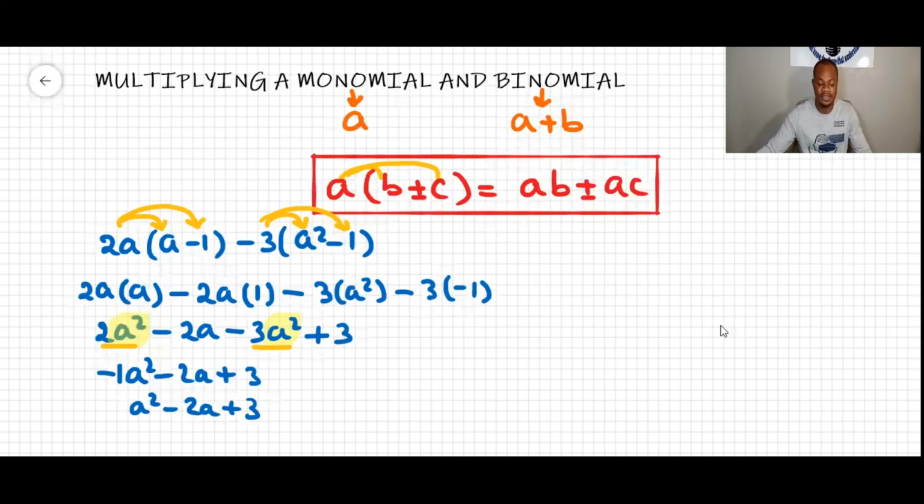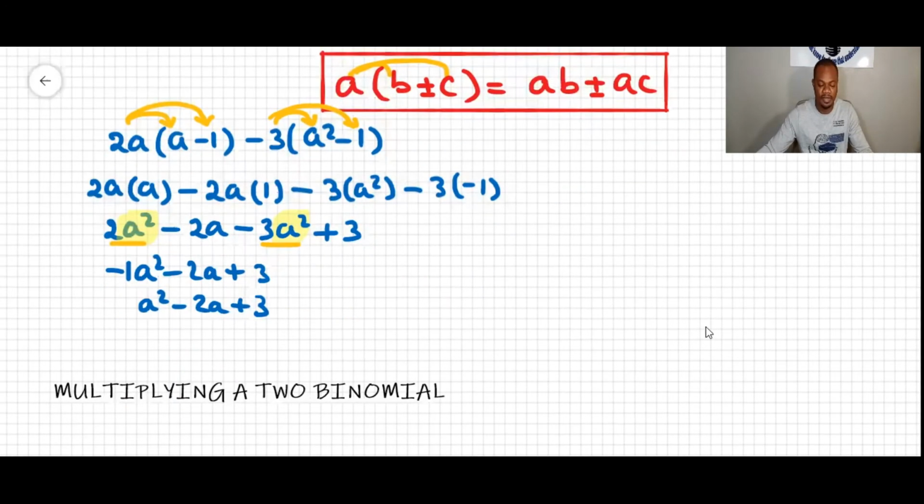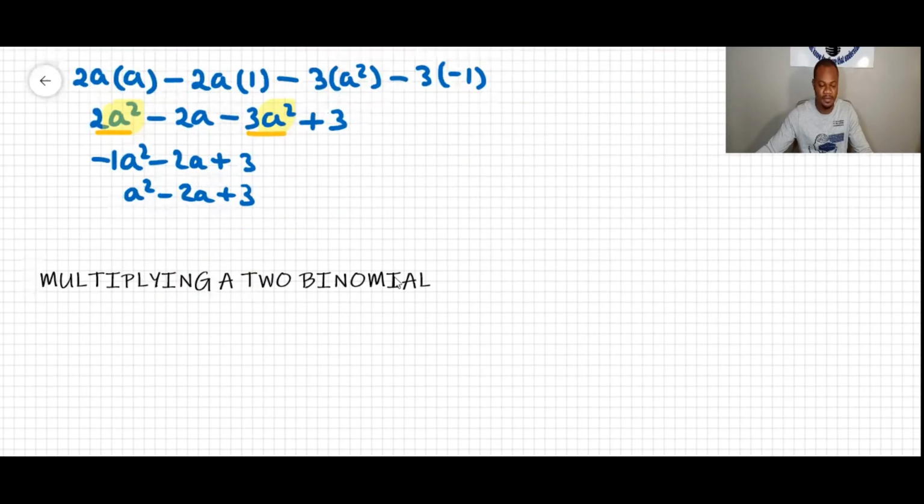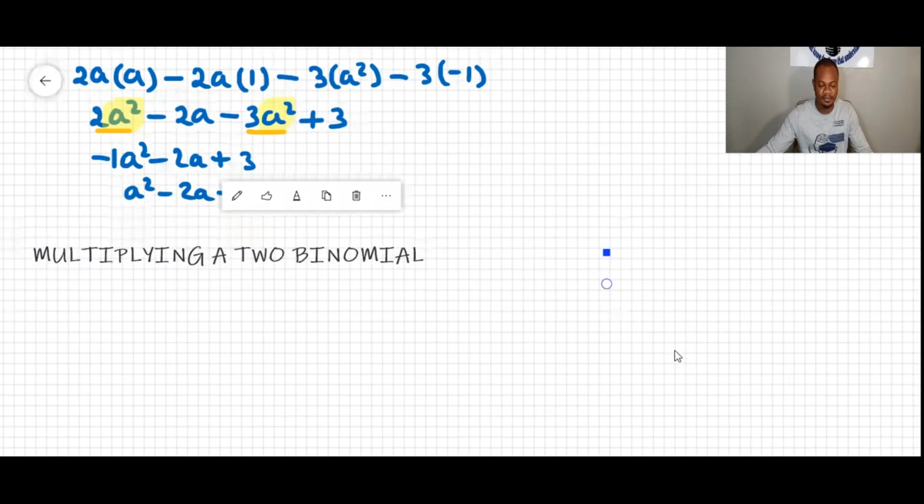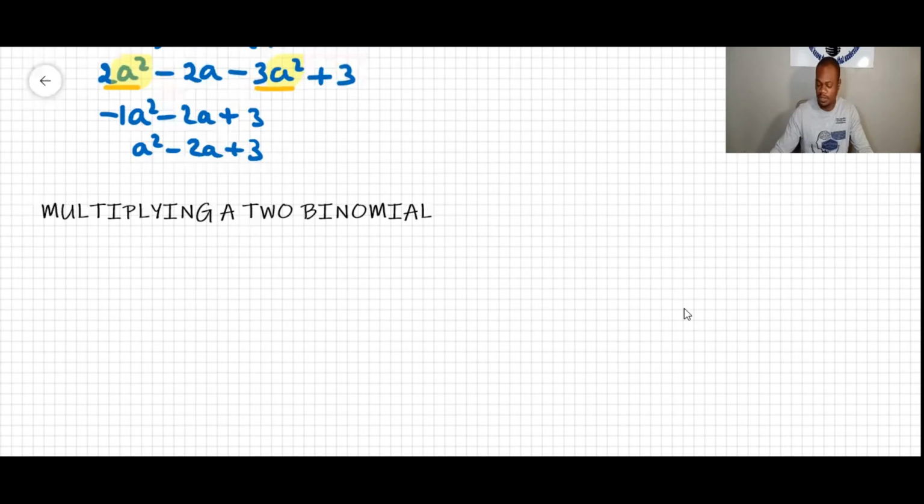Now, multiplying two binomial expressions. It is of the form, let's say, I'm going to give you an example: ax plus b times cx plus d. Those two are binomial expressions.